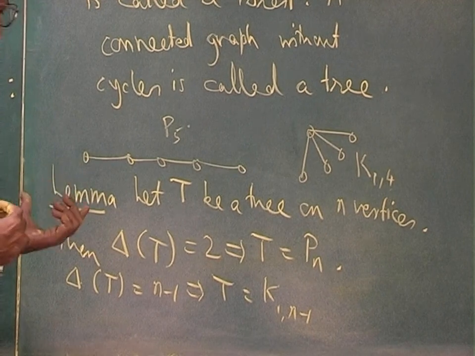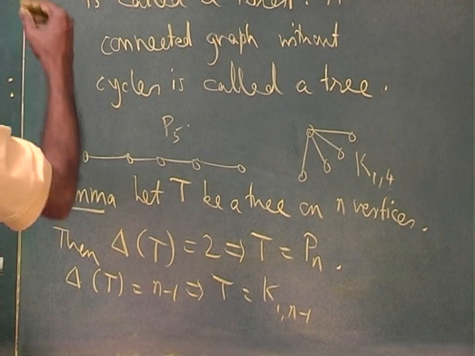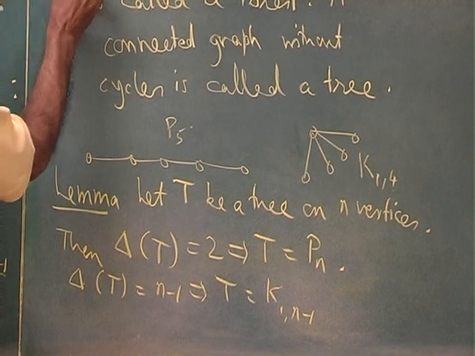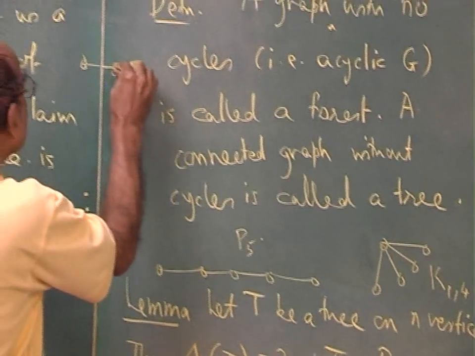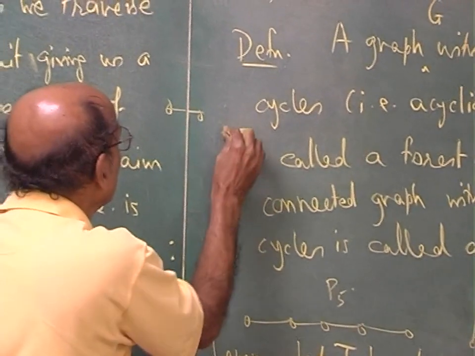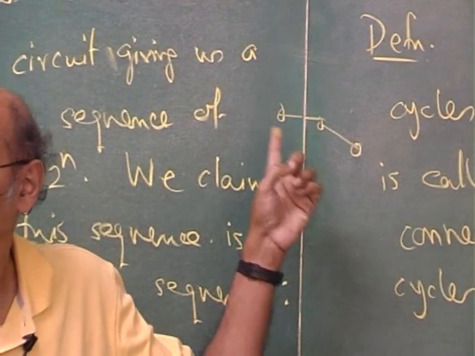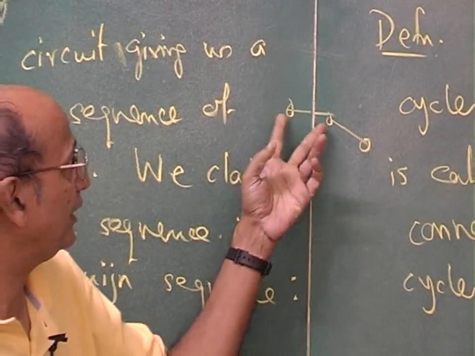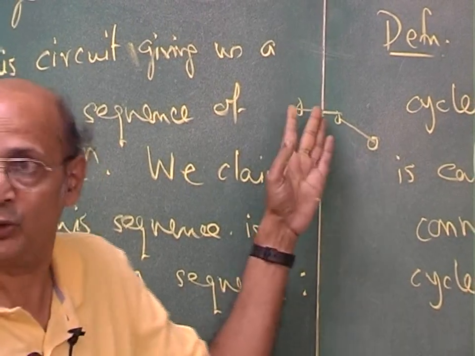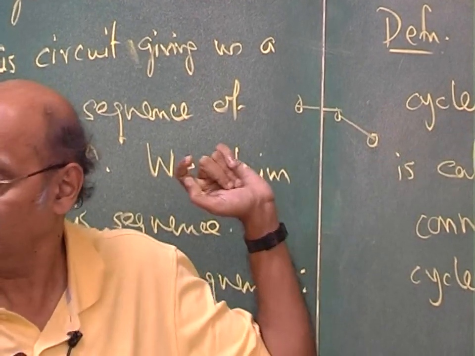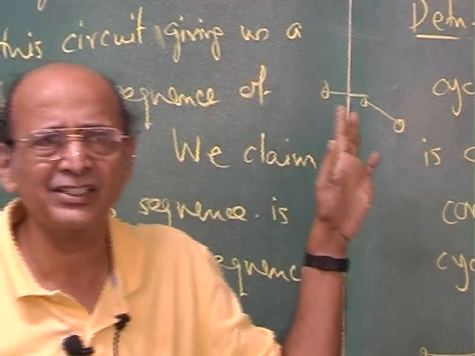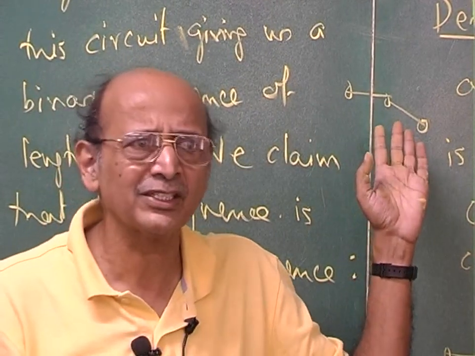If your tree has at least 3 vertices, then you cannot just have a situation where each vertex has degree 1. That is just not possible. Because if a vertex has only degree 1, then you can only construct 2 vertices, not even a third. So assuming that you have at least 3 vertices, there will be vertices of degree at least 2.